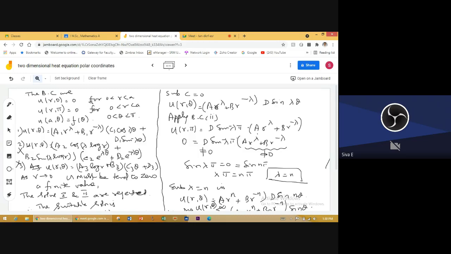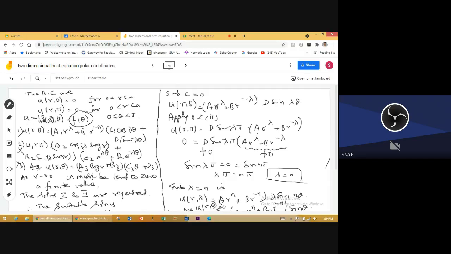That is, u of r comma 0 equal to 0, u of r comma pi equal to 0, and then u of a comma theta equal to f of theta. The only difference is that a equal to 10, and instead of f of theta, you have to write 400 by pi into pi theta minus theta square.